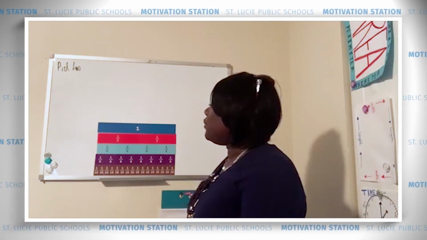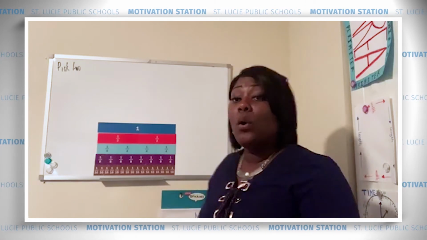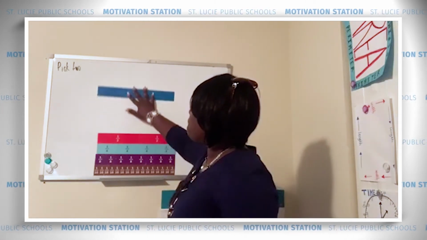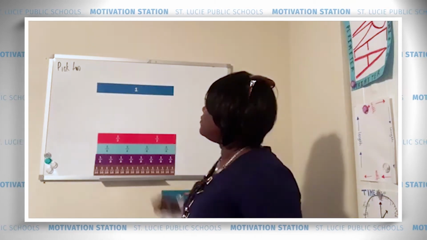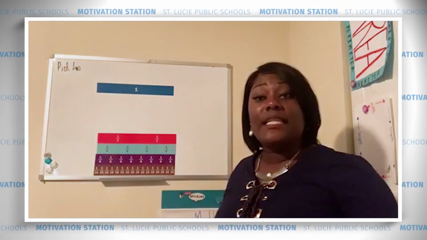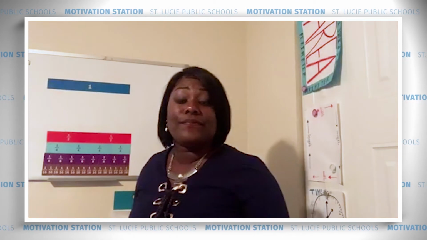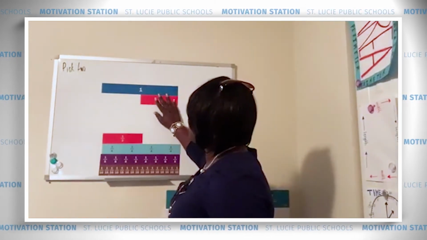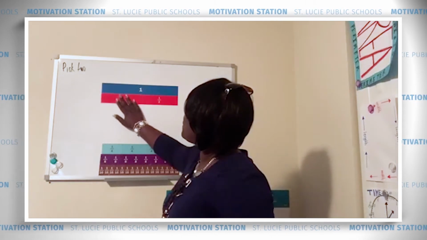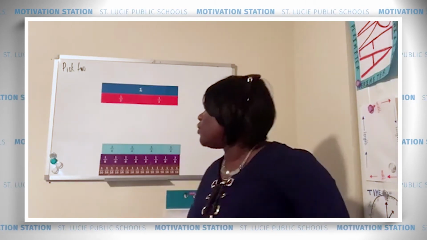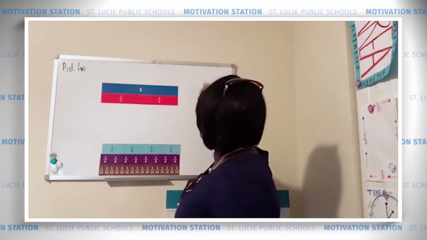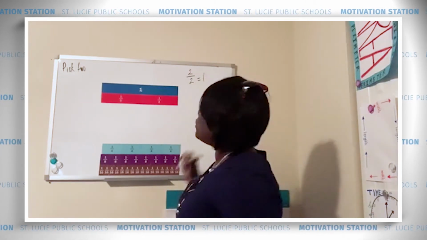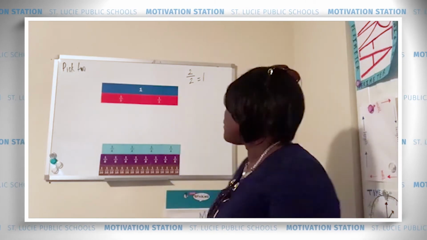Okay, so we want to review all the different ways to make a whole. If I was going to use halves to create a whole, how many halves would I need to match the size of one whole? I would need 2 halves. 2 halves is equivalent to 1 whole. Write that down. 2 halves is equivalent to 1 whole.